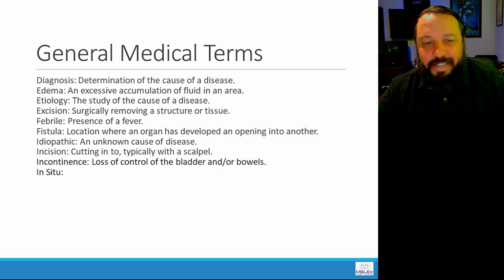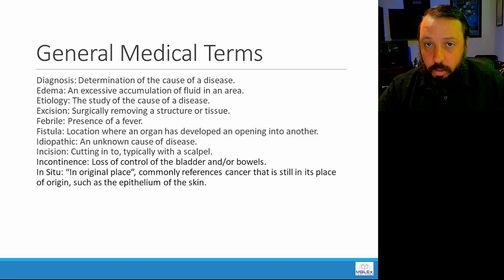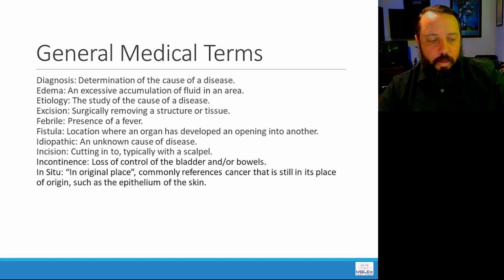Okay. In situ. Now this refers to cancer. If you see the name of a cancer or a tumor with in situ attached to it, that means that it is in the original location of the tumor. It means in original place. That's where the cancer started, and it is still in that location.